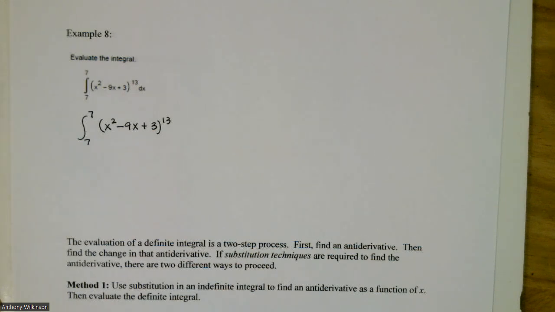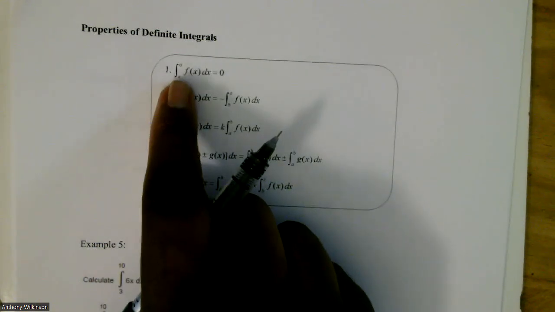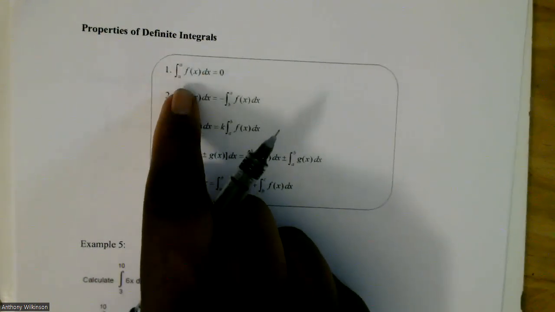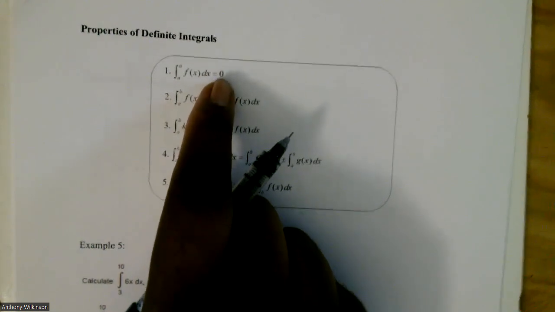And I will go ahead and pull up this sheet that I had from the last video. And that's going to be this rule right here, rule number 1. The integral from a to a, that means that the upper limit and the lower limit are exactly the same, of this function f of x dx, your answer will automatically be 0.